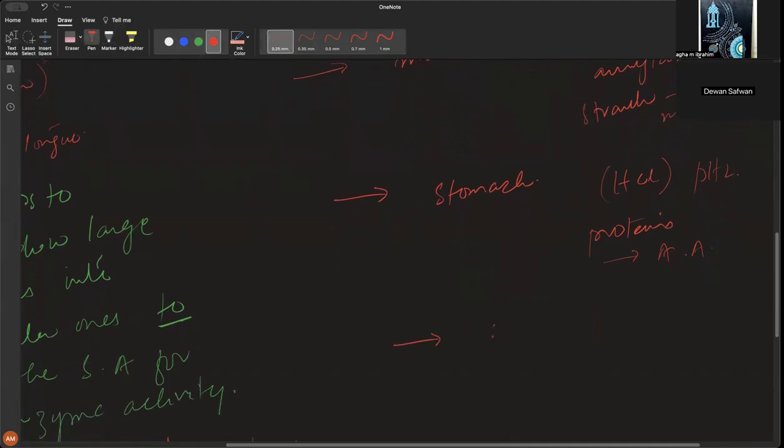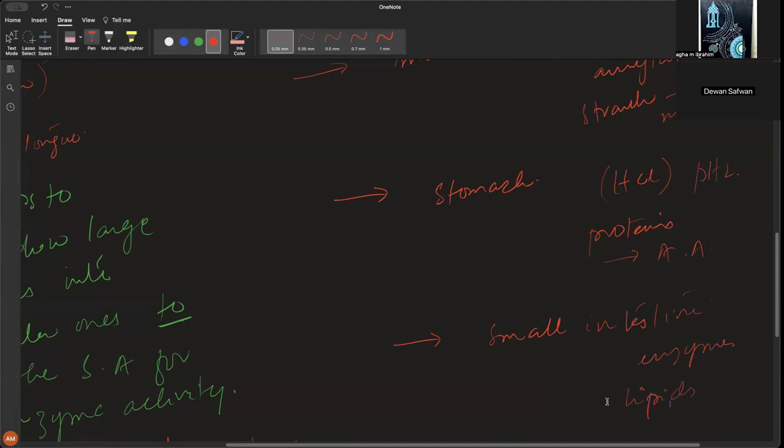In the small intestine, where with the presence of enzymes, fats or lipids are turned into triglycerides, right?